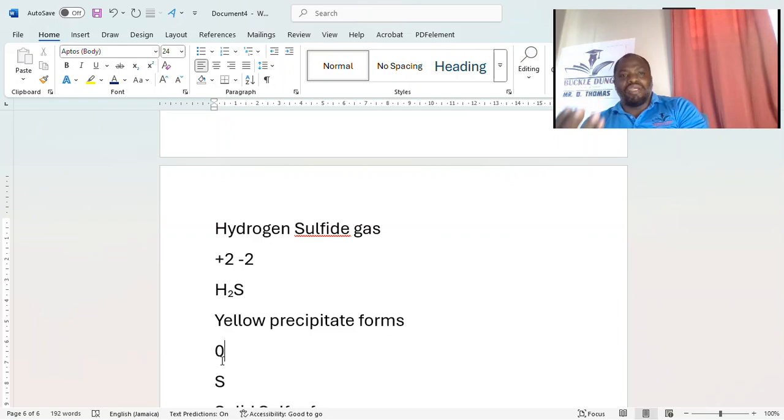It's the observation that will help you to account for the observation. So basically, once you get the observation, if you see anything about any yellow precipitate forming, nitric acid can do that. Sulfuric acid is not doing that.